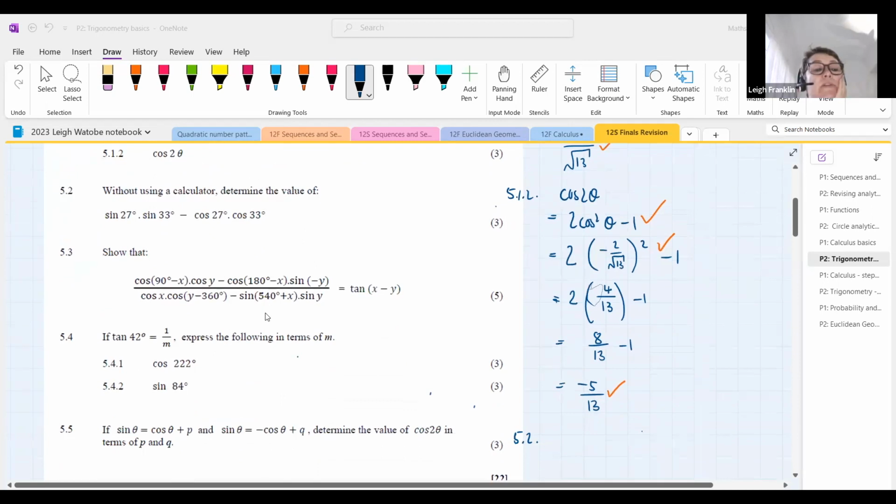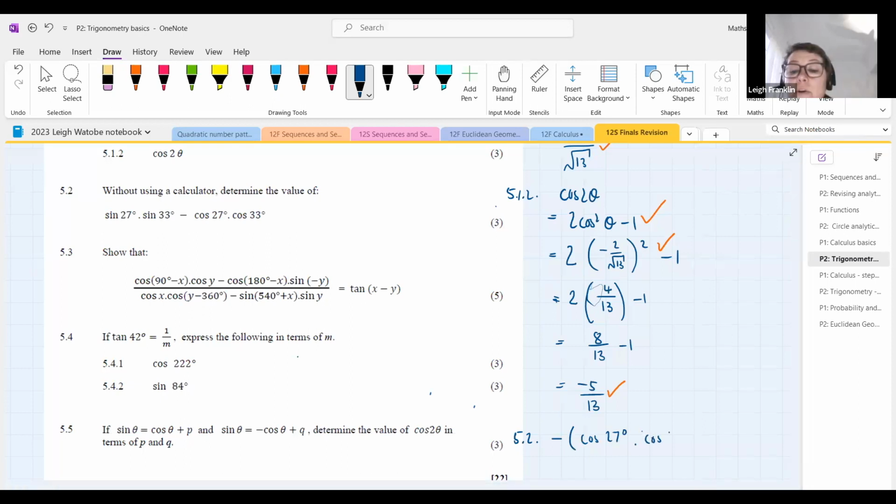What would the rest of us do? How would we get this so that it's in the correct form? We would need to factorize. So we would end up with cos 27, cos 33. Remember, we've taken out a minus.